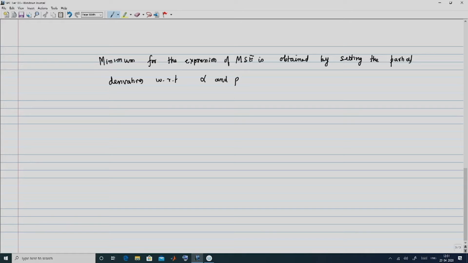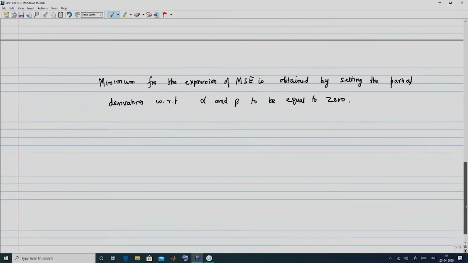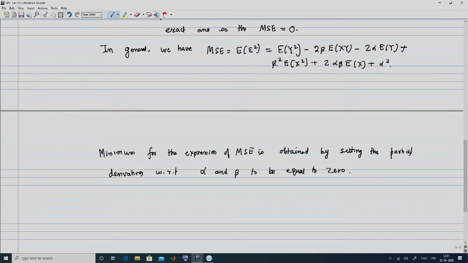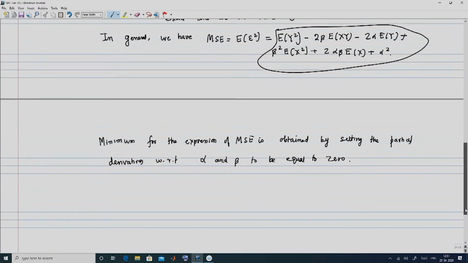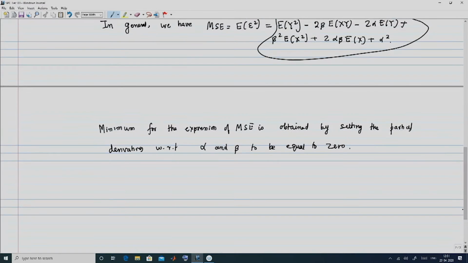Once you take the derivative of this term with respect to alpha and beta and set it equal to 0, we will basically get two equations.